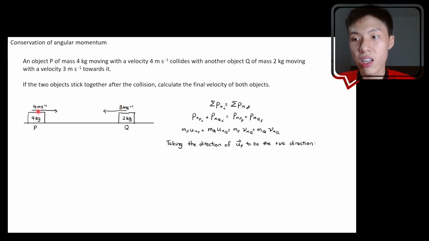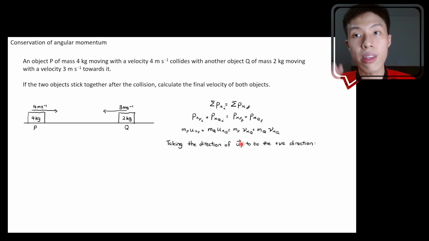So we take a specific velocity, in this case the initial velocity of P, to define the positive direction. Anything in the same direction will be positive, and anything in the opposite direction will be a negative velocity.